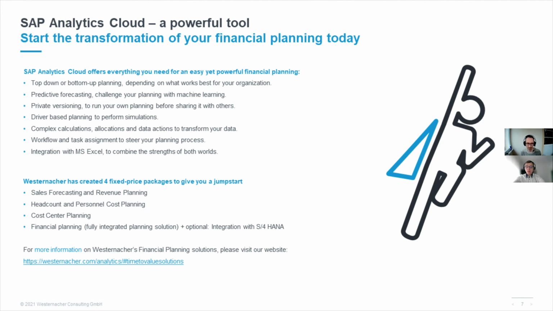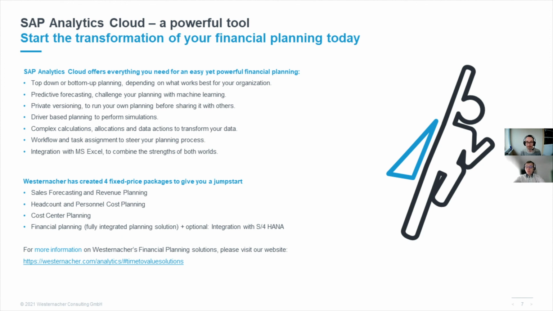So we have one package focusing on sales forecasting and revenue planning, where, for example, your account manager would love to see and directly dig into the planning and see the results from changes that he does. And as was shown before, this is something where you can use predictive analytics, smart insights to get more details.